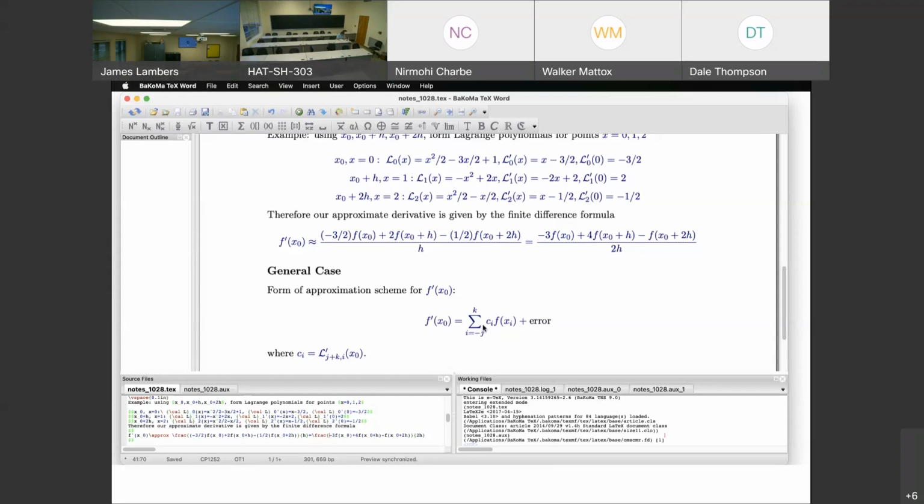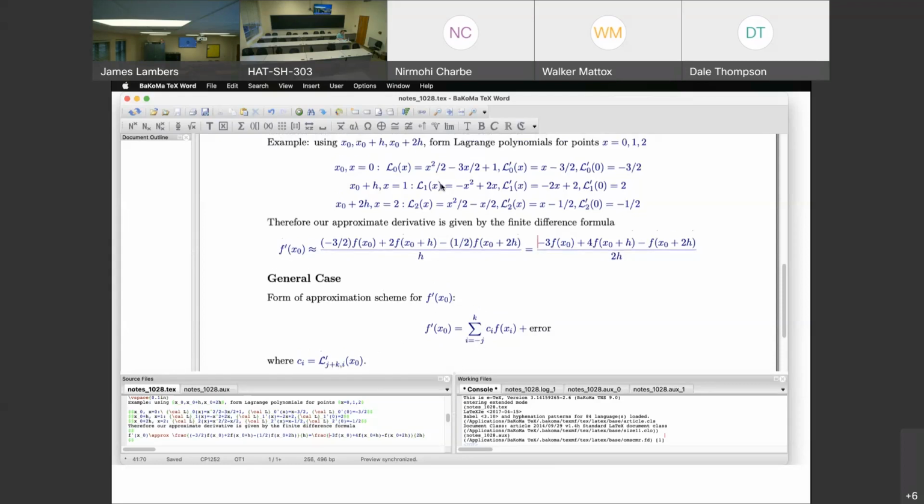However many points you have to the left and right, j plus k is the degree of all the Lagrange polynomials you will be using. In the example here, j was 0 because we didn't have any points to the left of x naught, and k was equal to 2. So the degree of the Lagrange polynomials was 2, these quadratics here.